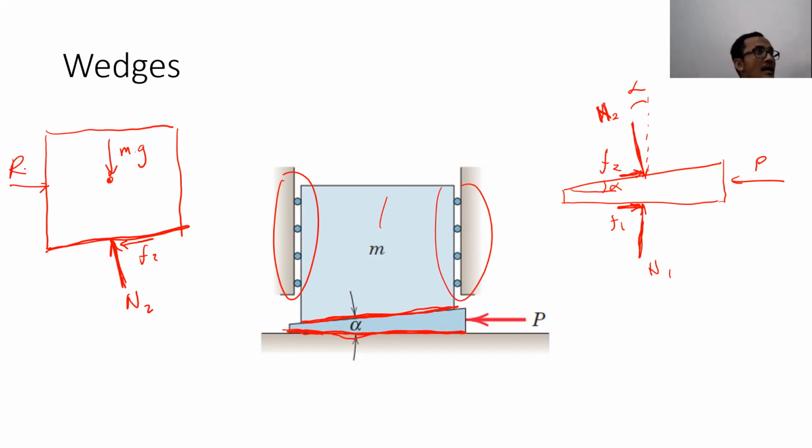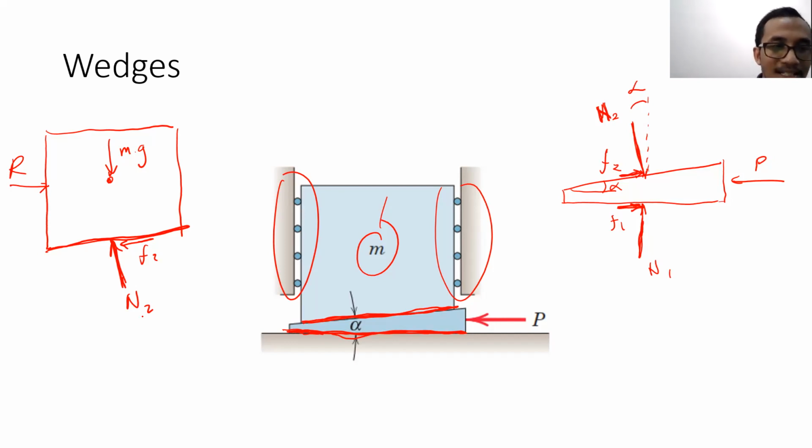So how many unknowns do we have here? M is known, so we have the resultant, the normal force, and the friction force. So we have 3.